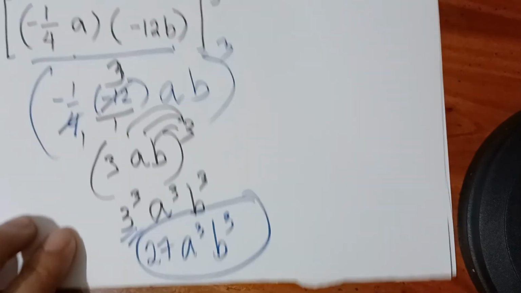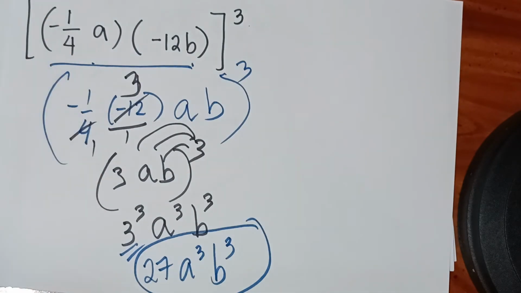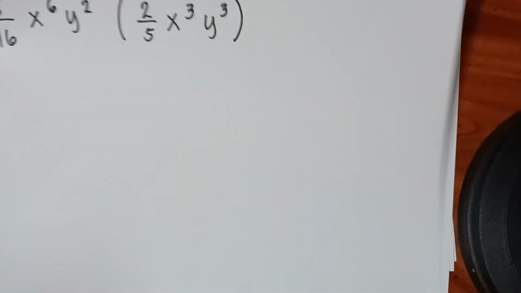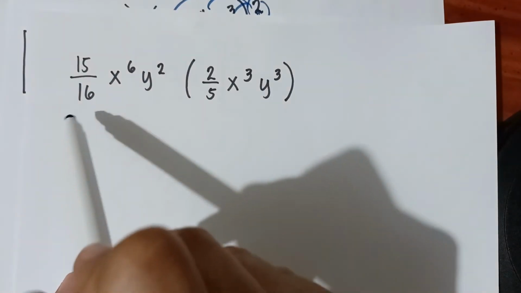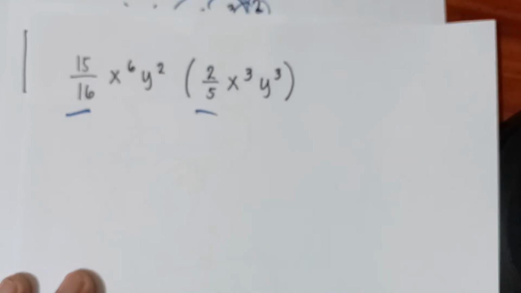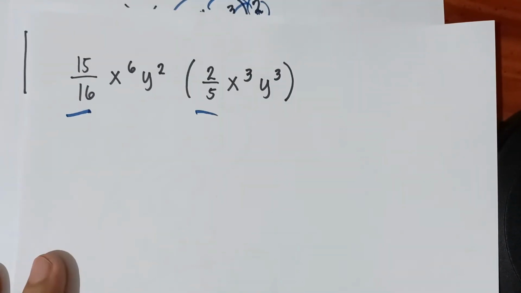Okay? Next, what if we have this? So, ano naman ang gagawin natin dyan? So, again, this is a monomial times a monomial. But this time, the numbers are in fraction form. So, anong gagawin natin kapag fraction form? We have to just multiply them again and do cancellation if pwede.